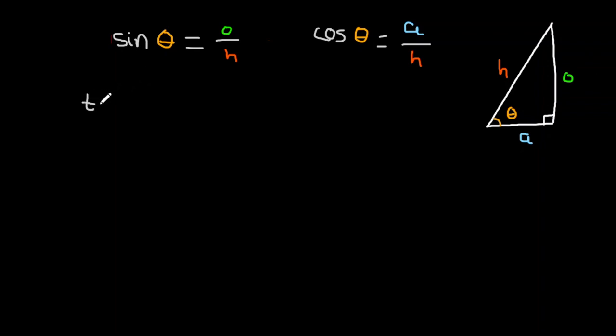And then tan of theta is defined to be equal to the side opposite over the side adjacent, so O over A. Can you see another way of writing tan theta?